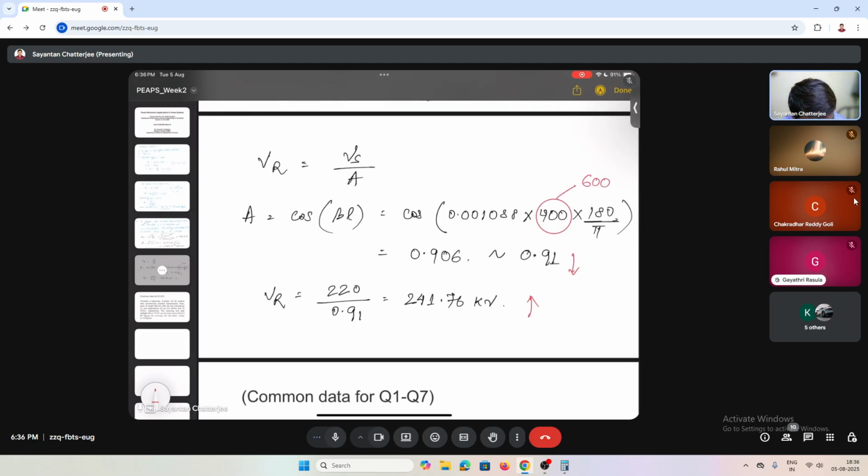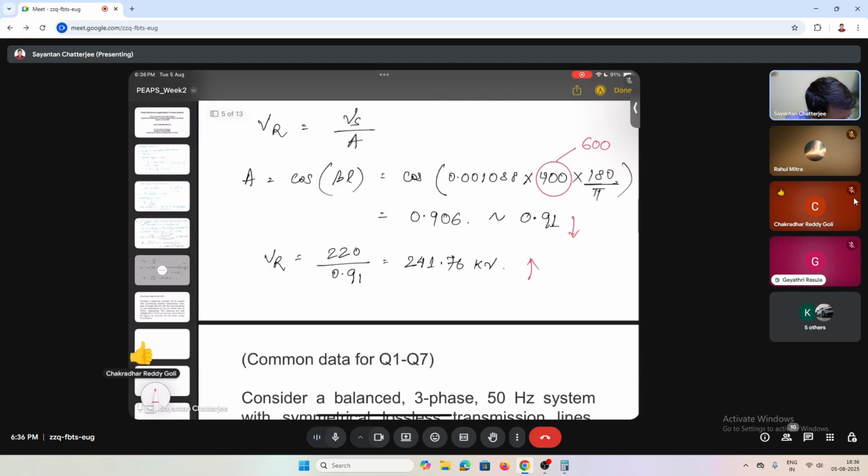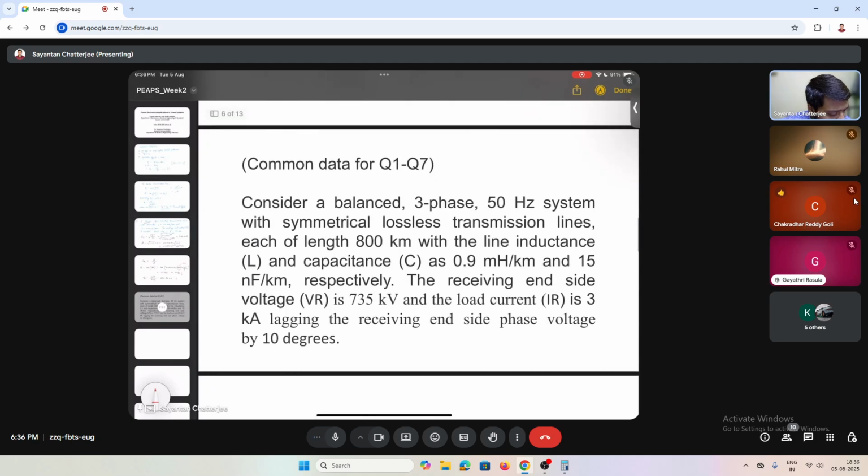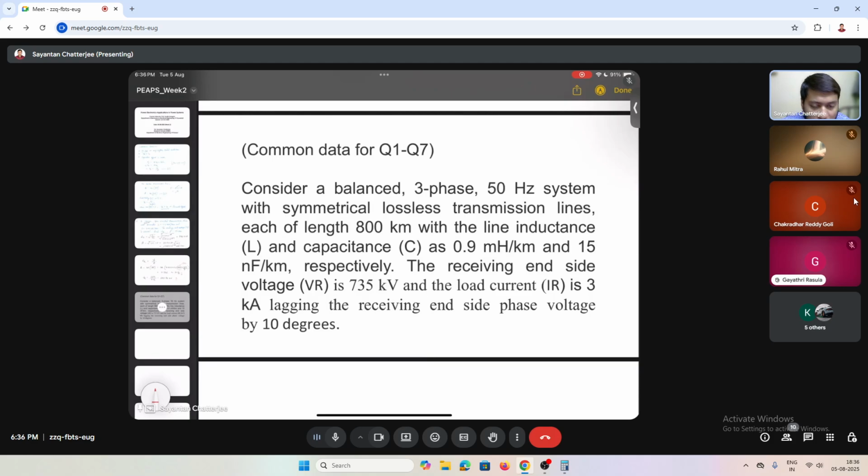That's it, and there are a few more questions. This is a common question with common data. You can take a screenshot or write it somewhere, because the 7 questions depend upon the same values. We'll use the same values for questions 1 to 7, and we'll do the 7 numericals one by one.